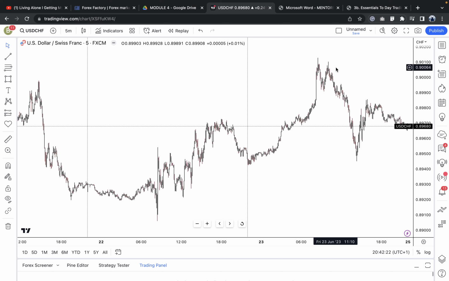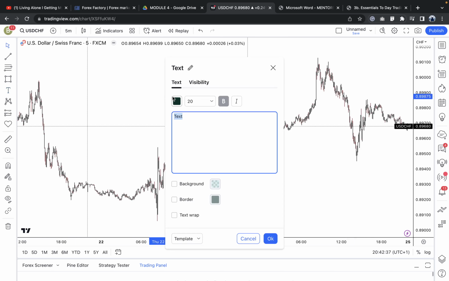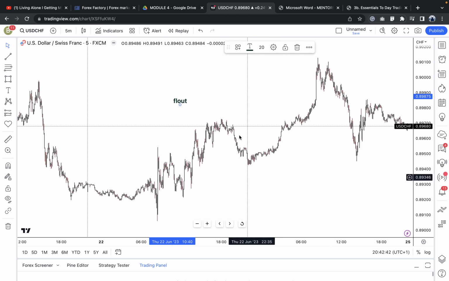And when we have that one smooth range from the central bank dealers range that then continues into Asian session, we call that the flout. So I'm going to type this out so you understand what I'm saying. And this is what we call this. It's called the flout.